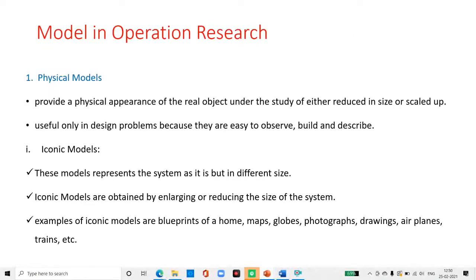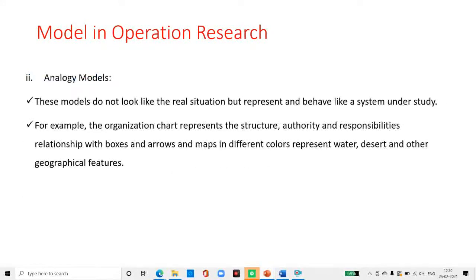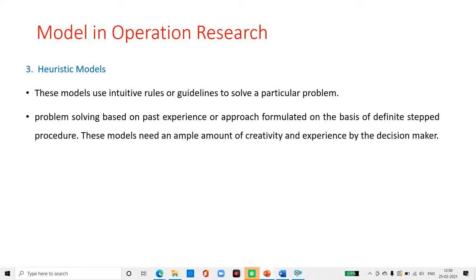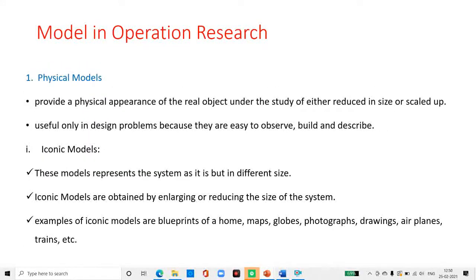The next part is the models in operational research. In operational research, there are three basic models used. First is the physical model, then symbolic models, and historic models. First, we discuss the physical model.